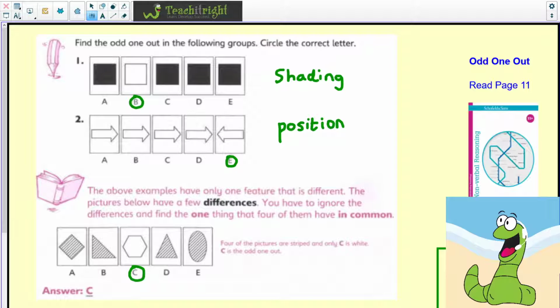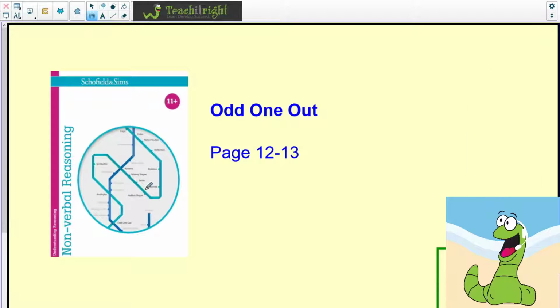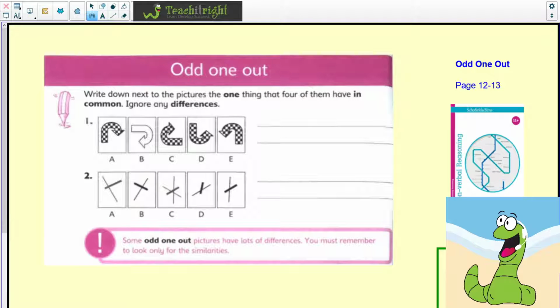Okay, let's move on and have a little look at the next part. And the next part we're going to look at is page 12 and 13. Now on page 12 and 13 we're going to ask you to look more carefully at some of the features and what they have in common. So we're going to be kind of ignoring differences.